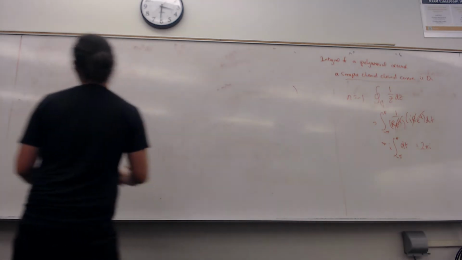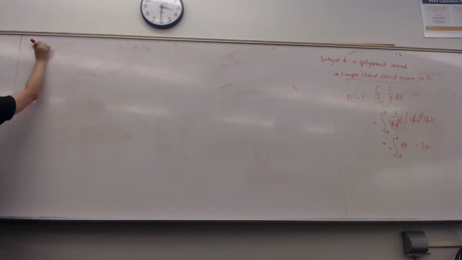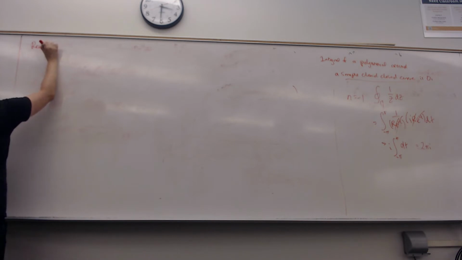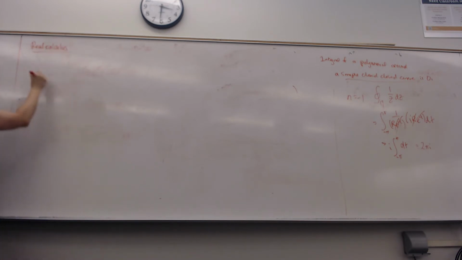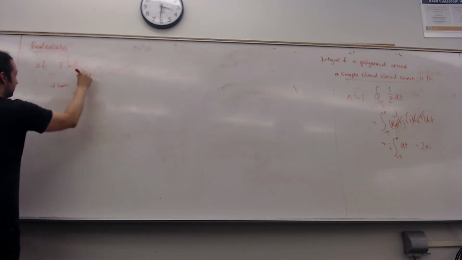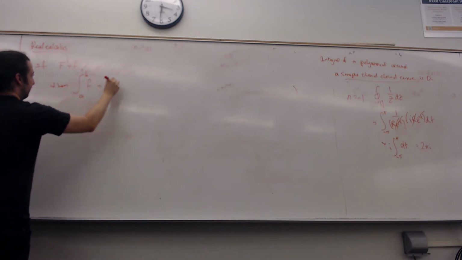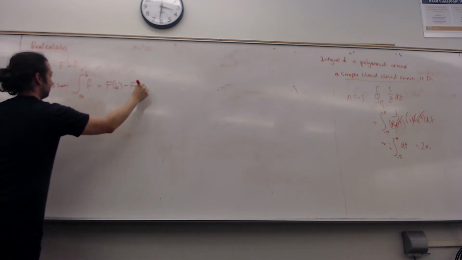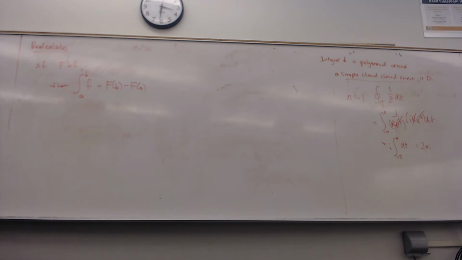In real calculus, for the most part, sort of in a naive real calculus, we use a theorem called the fundamental theorem of calculus, which says if F prime is equal to f, then the integral from a to b of little f is equal to F of b minus F of a, right? In real calculus, we don't parameterize things when we have antiderivatives. We just plug in.